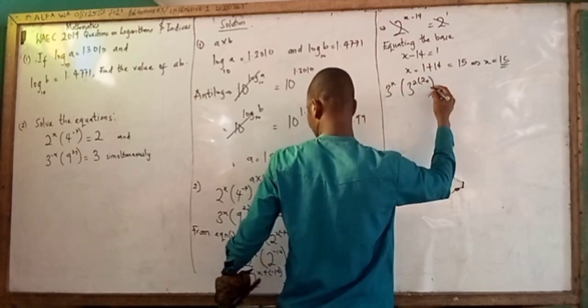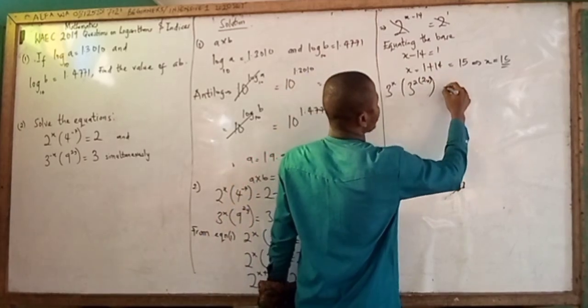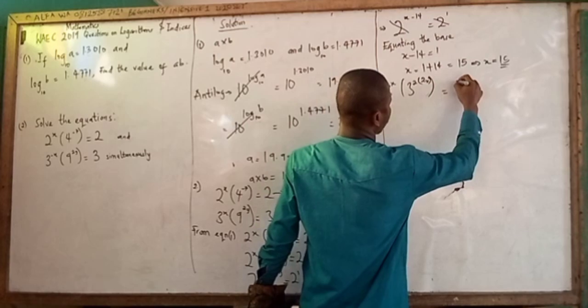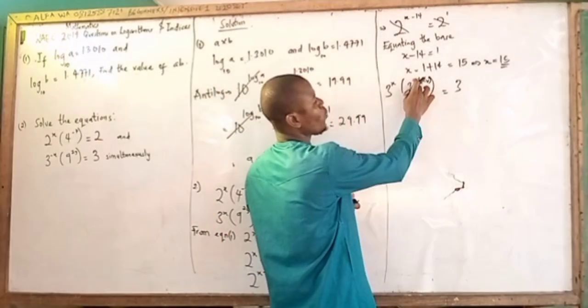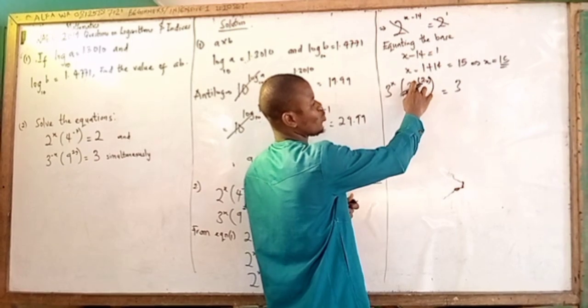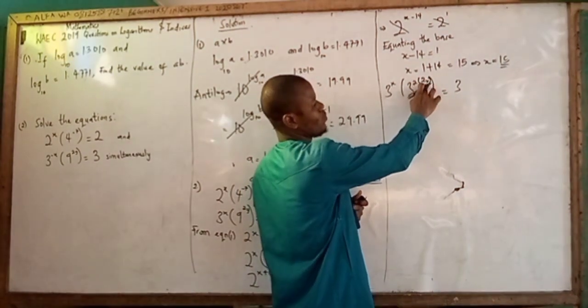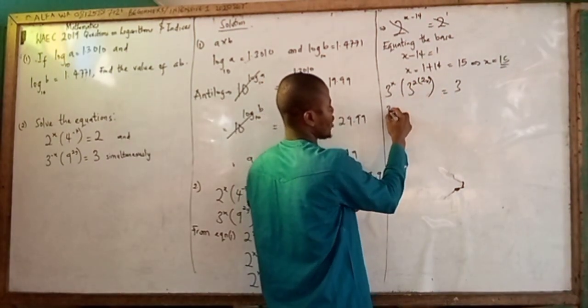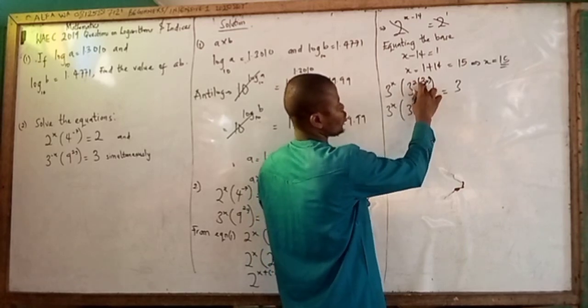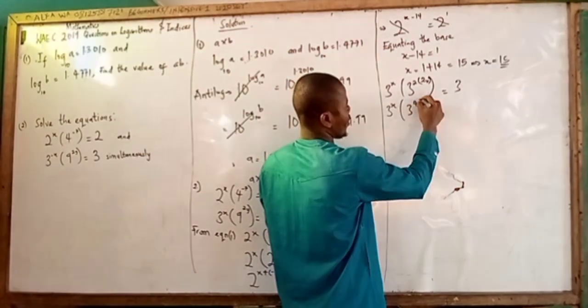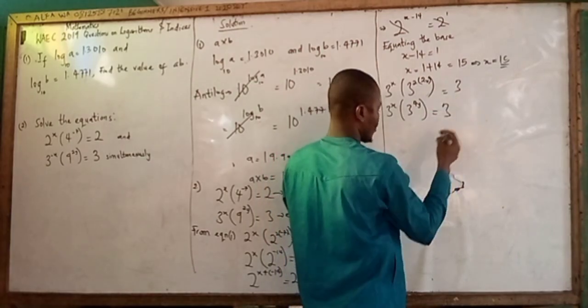Everything is to the power 3, equals 3. So when you open this bracket, this is 2 times 2y, which gives us 4y.